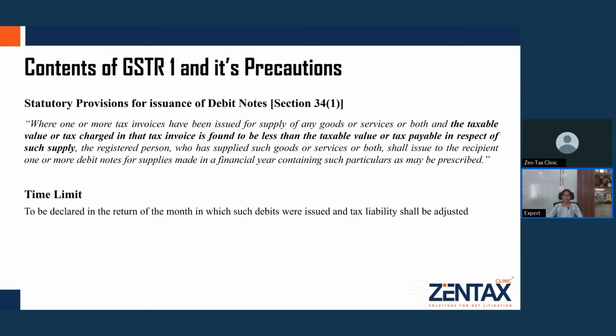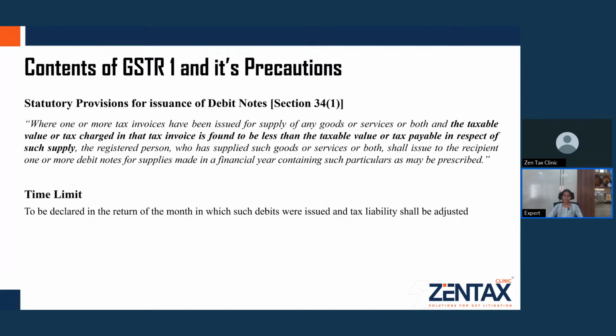So this provision reads that when a registered person has issued one or more tax invoices in respect of outward supplies, and the taxable value and the tax charged in the tax invoice is found to be less than the taxable value or tax to be charged in respect of the said supplies, he shall issue a debit note.